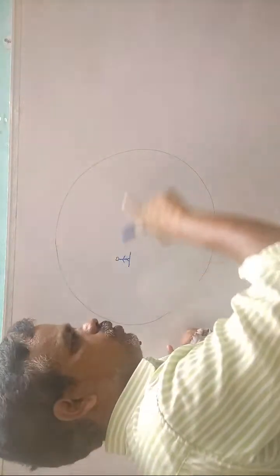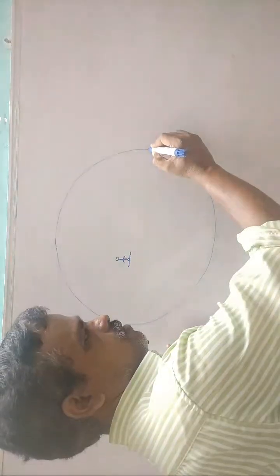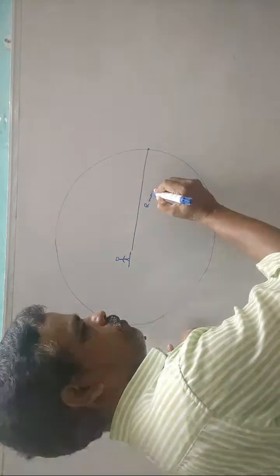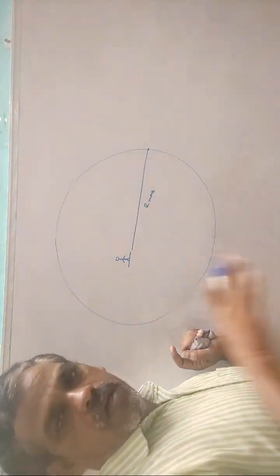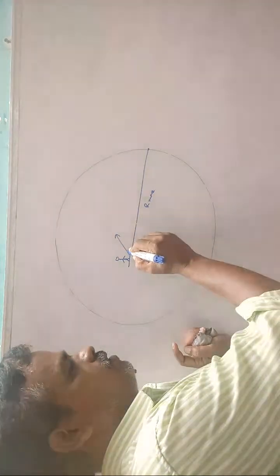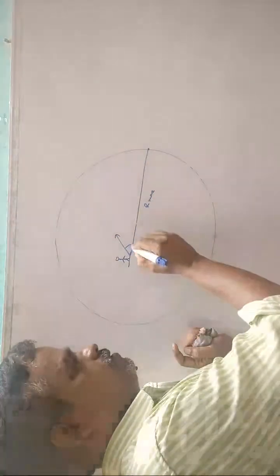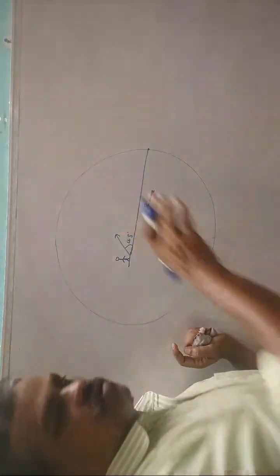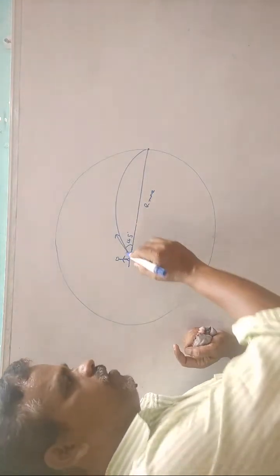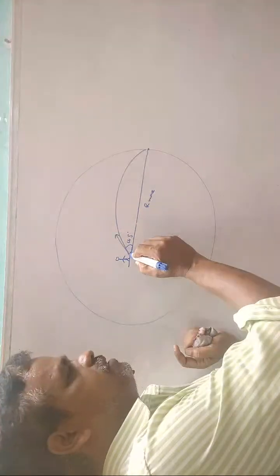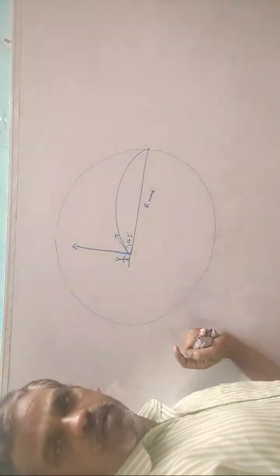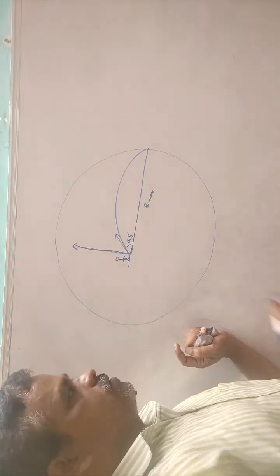If he wants the ball to reach here, this is the maximum range. If he hits the ball at 45 degrees with the horizontal, then the ball will go to maximum range. If he hits the ball at 90 degrees, the ball will go up and somebody will catch it. The batsman will be out.